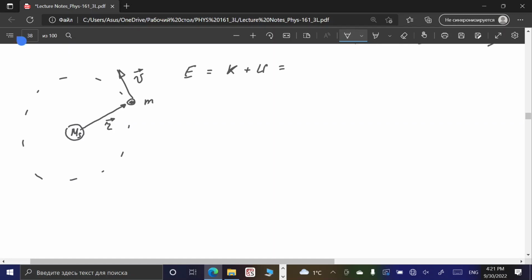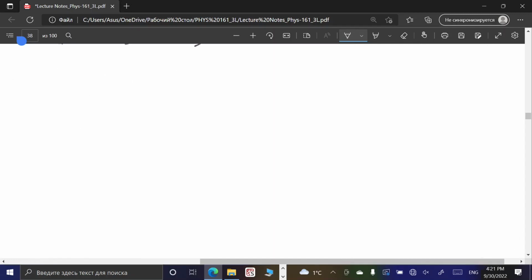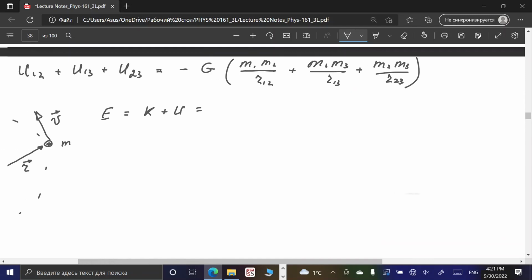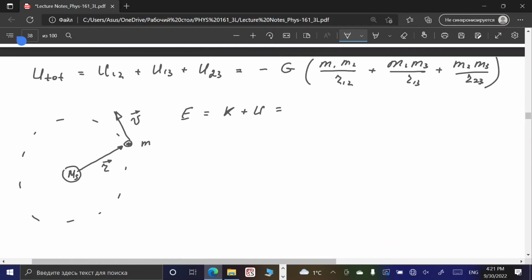Then kinetic energy, how do we define it for this planet? Well, we consider the rotation of this planet about the sun, and in this case we consider only the linear velocity vector.